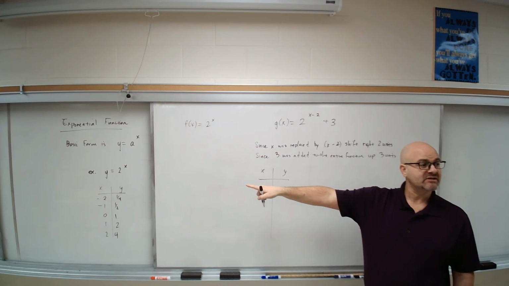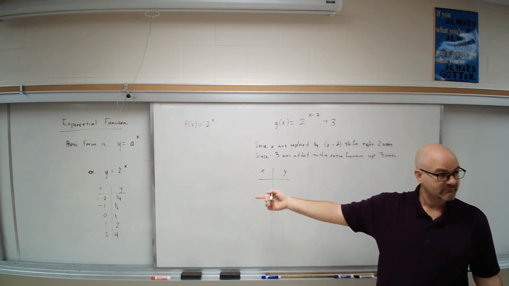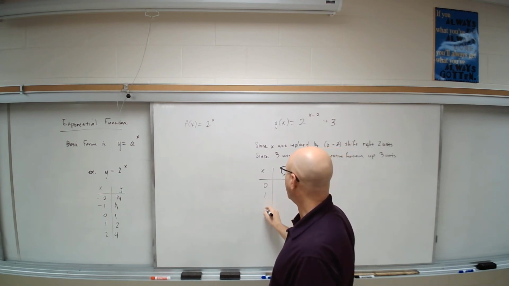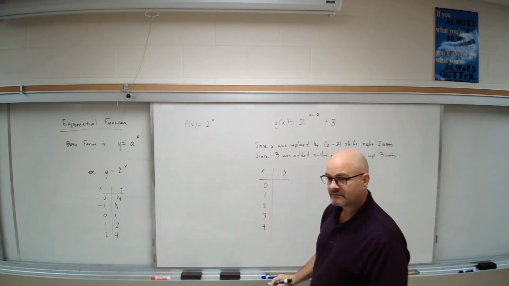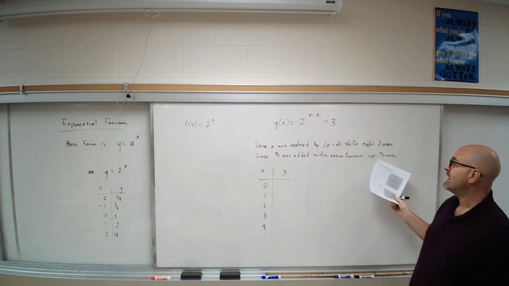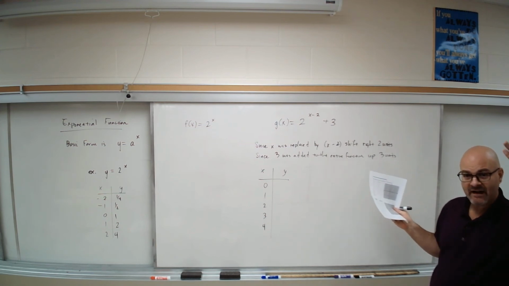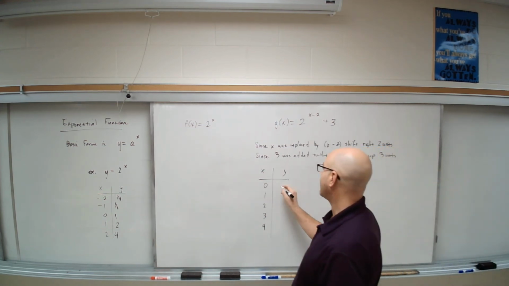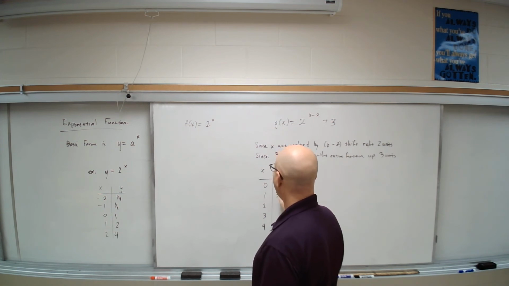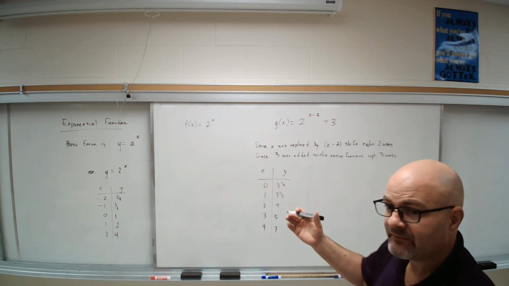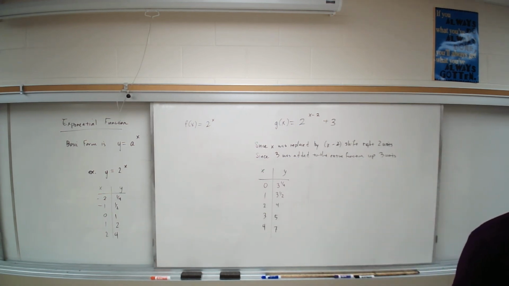So negative 2 plus 2 becomes 0, and then negative 1 plus 2 becomes 1, and then 2, and then 3, and then 4. And then we're going to add 3 to the y values, right? The y is the up values. So the y values will become 3 1/4, 3 1/2, 4, 5, and 7.